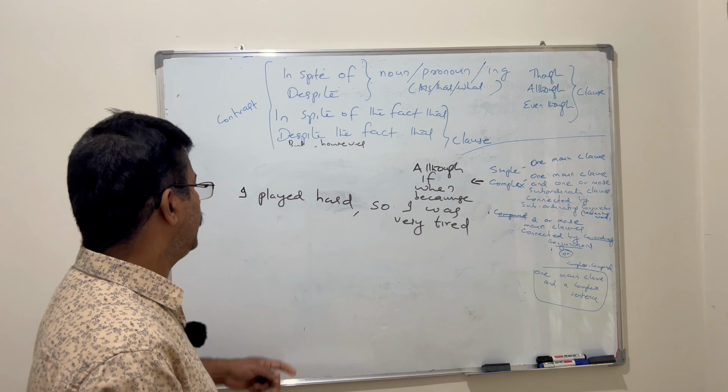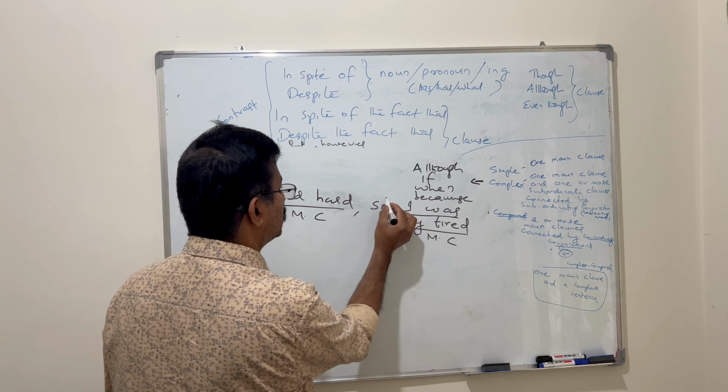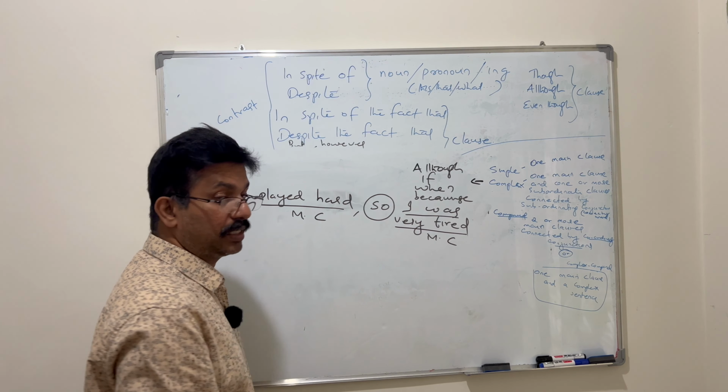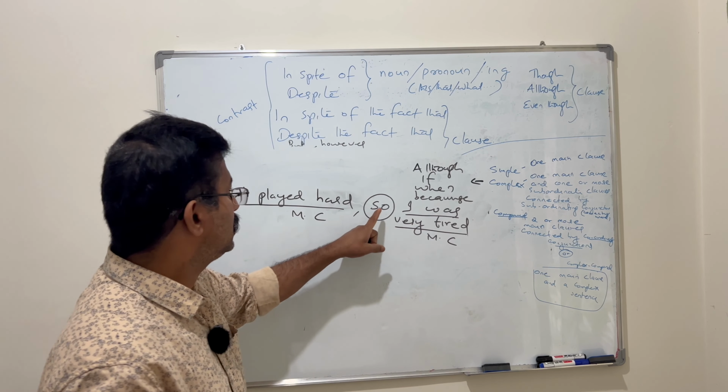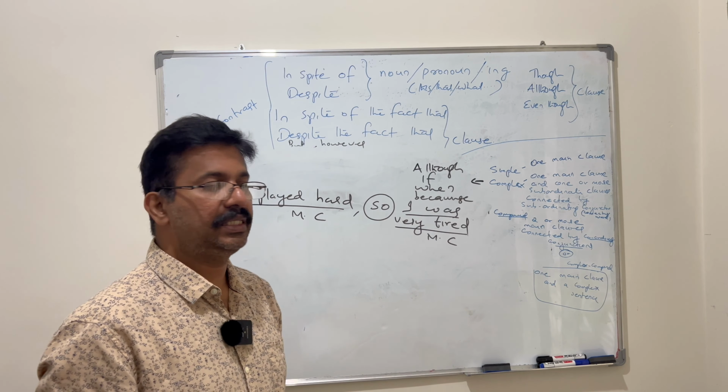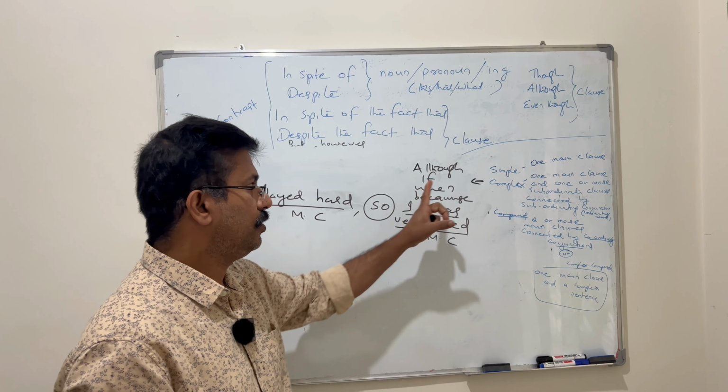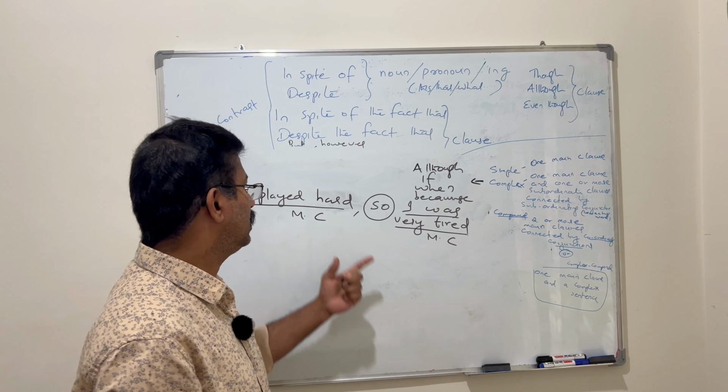"I was very tired" is the second main clause. These two main clauses are connected by a coordinating conjunction. So is a coordinating conjunction, not a subordinating conjunction. So two main clauses are connected by a coordinating conjunction called so.